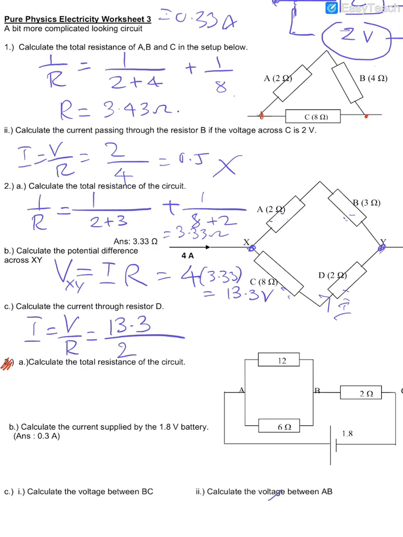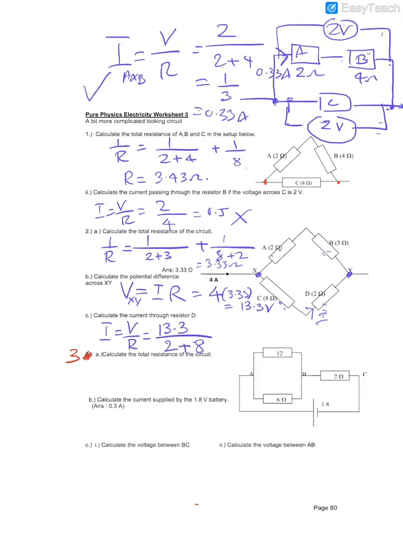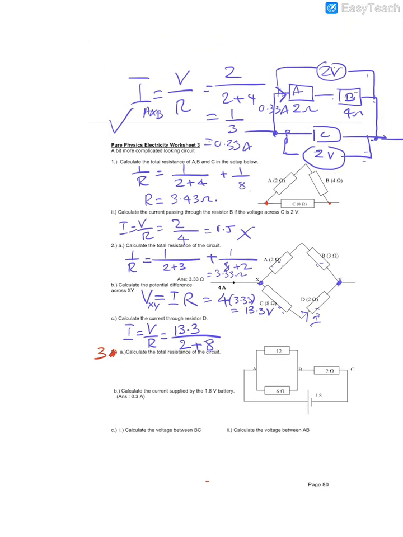Or write what? Is it 2 plus 8? 2 plus 8. Why 2 plus 8? Same reasoning as this. Now you tell me here is 13.3. That means here also is 13.3 across both of them.